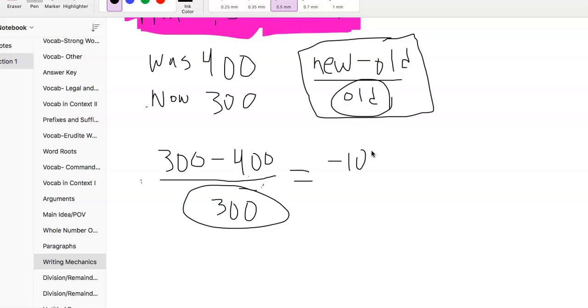But down here, we would have had 300. And then again, we can cross off the zeros, and we have negative 1/3. So that would have been 33%.